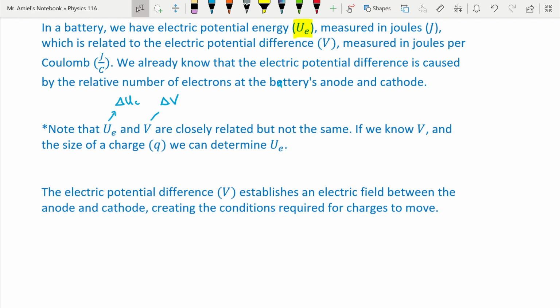And what's useful about knowing the voltage or the electric potential difference is that if we know the electric potential difference and we know the size of the charge, we can determine the electric potential energy.